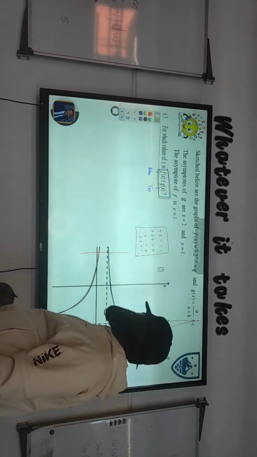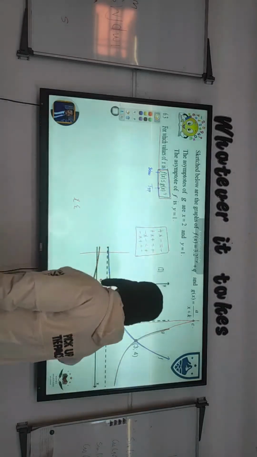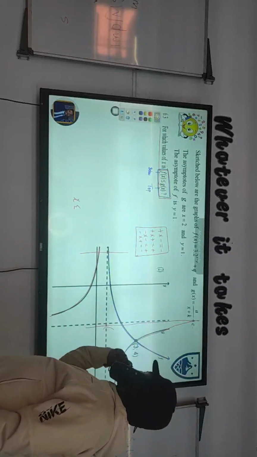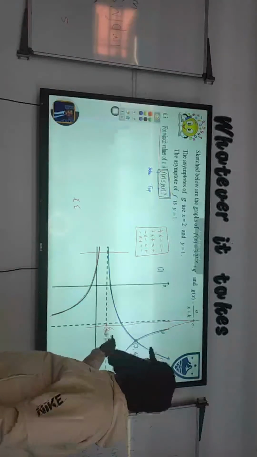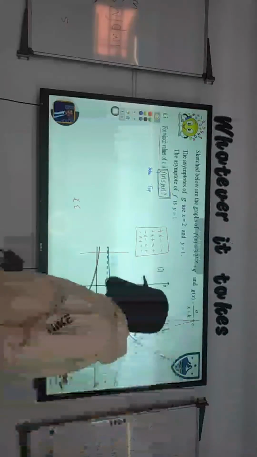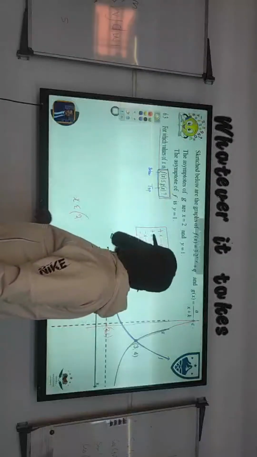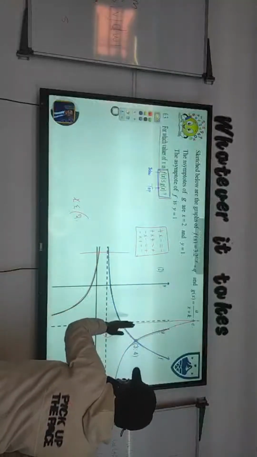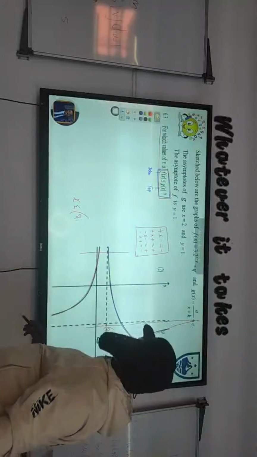So you start to say x is an element of, things start being interesting here. What is the x coordinate here? The x coordinate is 2. So we cannot include it, because at the asymptote the graph doesn't exist. So immediately after the asymptote, just a bit, we don't include that asymptote.